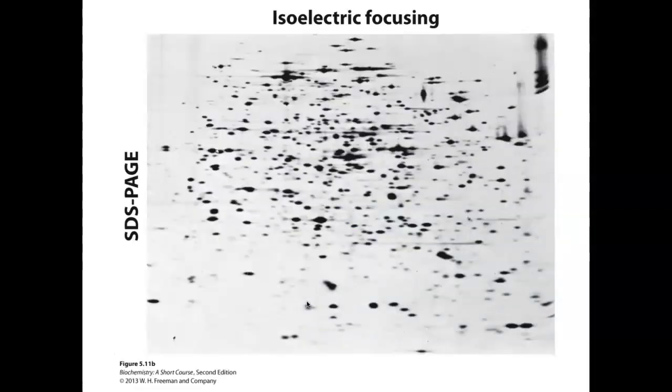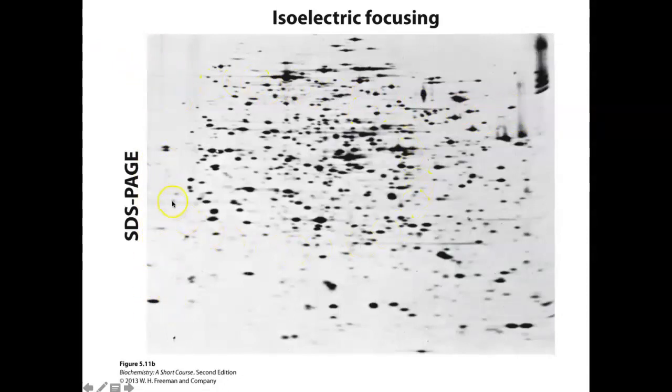All right, so real 2D gels look a little more complicated when you take an unpurified sample. But what's important is that this allows you to take a really complex sample that on just SDS-PAGE, imagine all these bands vertically, you would see just a smear of dark bands, right?